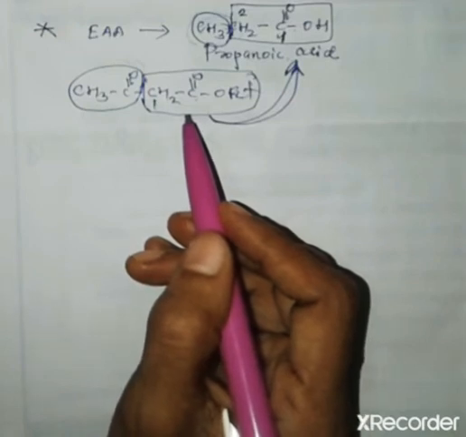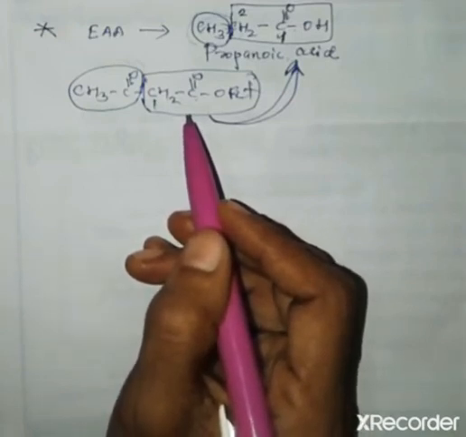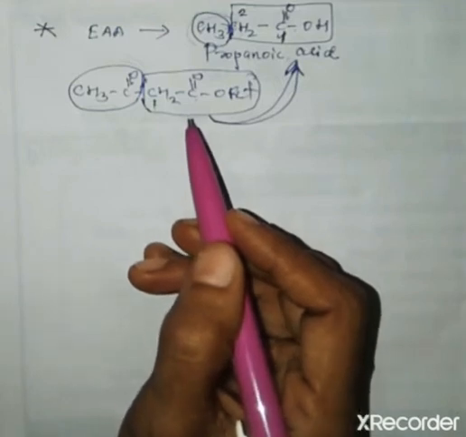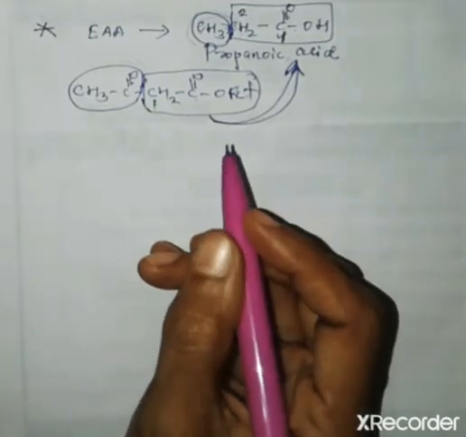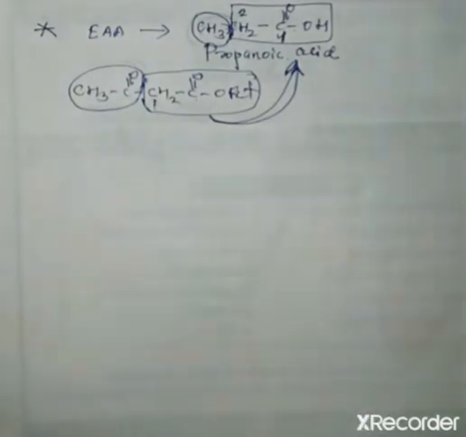Okay, so first we want to treat it with sodium ethoxide in order to convert it into a nucleophile. So the first step in the preparation of a carboxylic acid other than acetic acid from ethyl acetoacetate is the treatment of ethyl acetoacetate with sodium ethoxide.